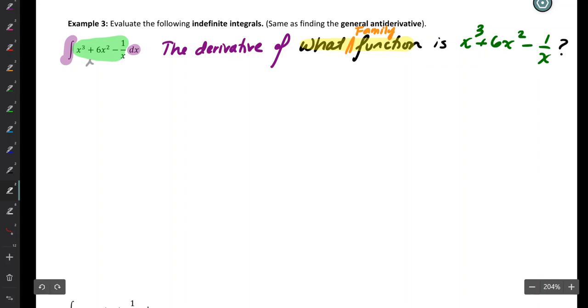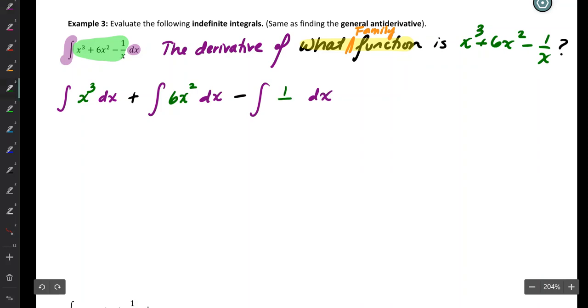I can compartmentalize my thinking and go ahead and just say, well, the derivative of what function is x cubed plus the derivative of what function is 6x squared minus the derivative of what function is 1 over x.